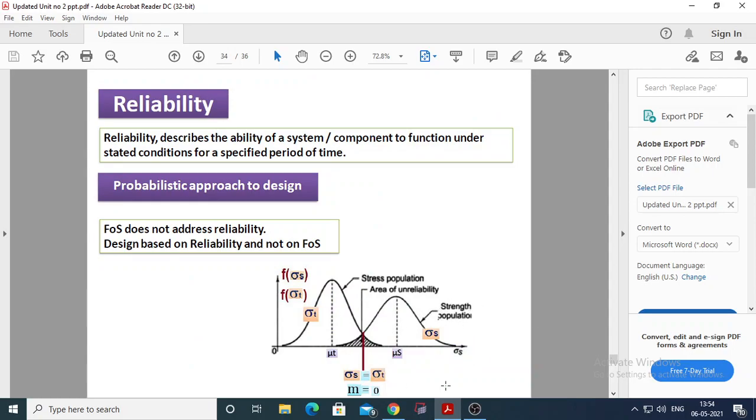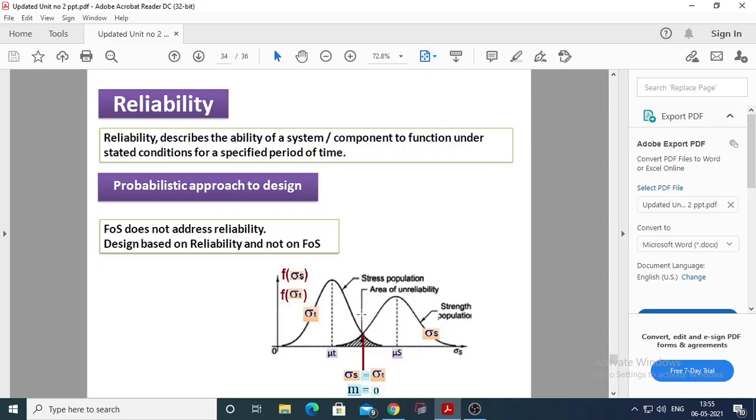Strength and stress are also given in this figure. F of sigma is the frequency, given against the standard deviation. There is a stress curve and this is the strength curve; a stress population and a strength population are given. Remember, in critical applications such as aircraft components, it is necessary to include the effect of the statistical nature of the strength and stress.